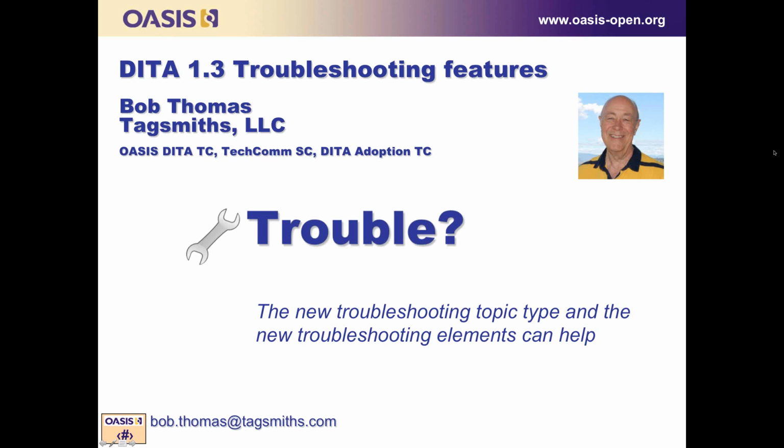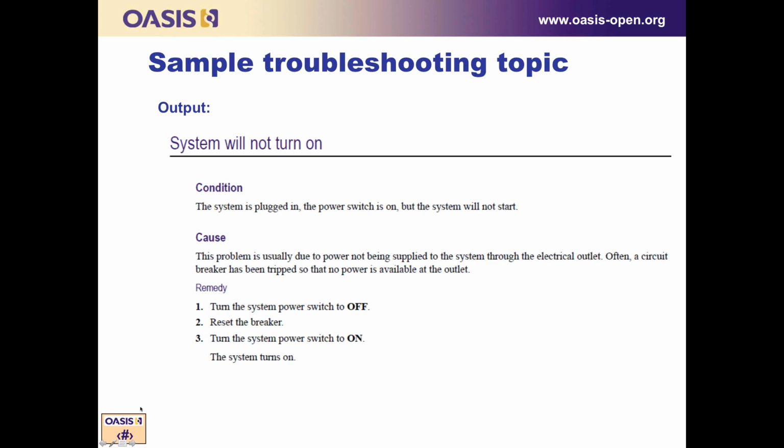I worked on the Technical Communications Subcommittee implementing troubleshooting features for DITA 1.3. This involves a new topic type and also new troubleshooting elements. Let's get right in there and take a look at a sample troubleshooting topic.